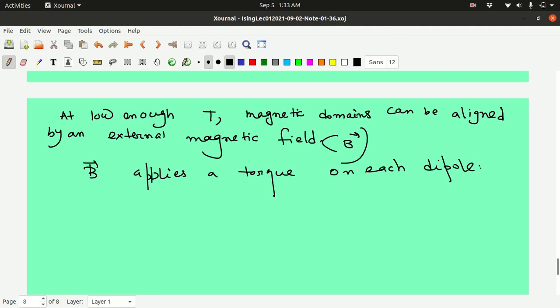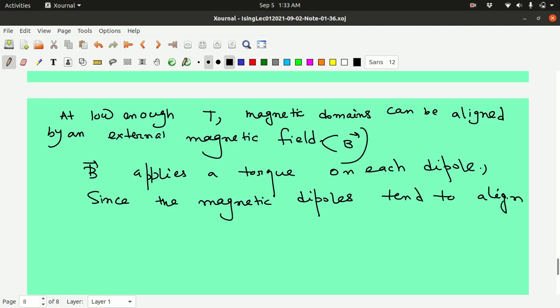But since the magnetic dipoles tend to align with their neighbors, they resist.